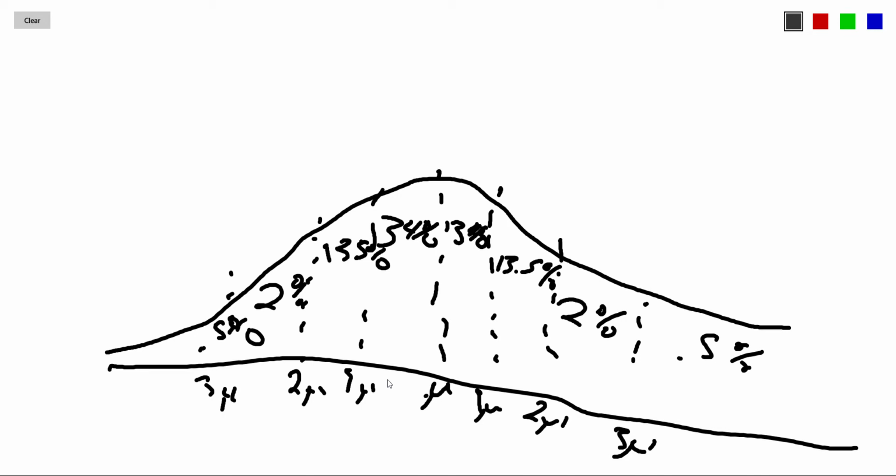Again, add up the numbers, 34%, 13.5%, 2%, 0.5%, those all add up to 50. So, again, use a little sense that you guys have.